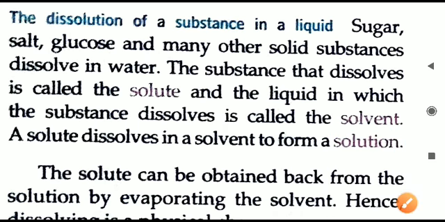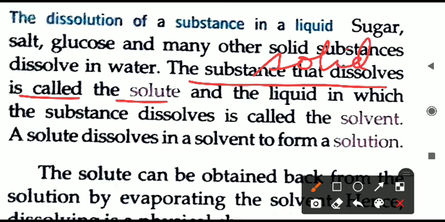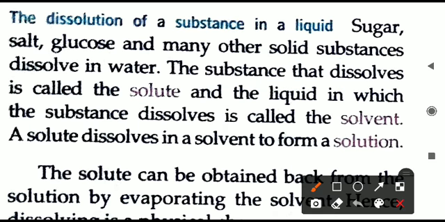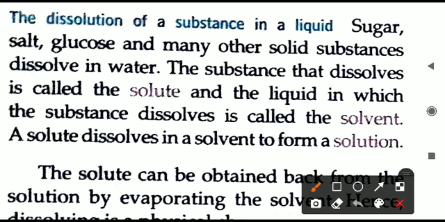And this solution is made up of two things. The solution contains, one, the solute, that is the substance that itself dissolves. Generally it is the solid substance which is getting dissolved. And the second thing is the liquid in which the substance is dissolving. The liquid which is dissolving the things is called the solvent. So basically we can say a solution is made up of solute and solvent.